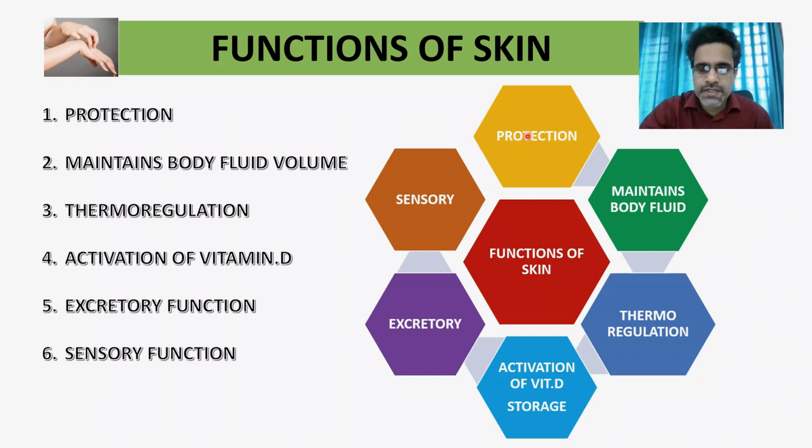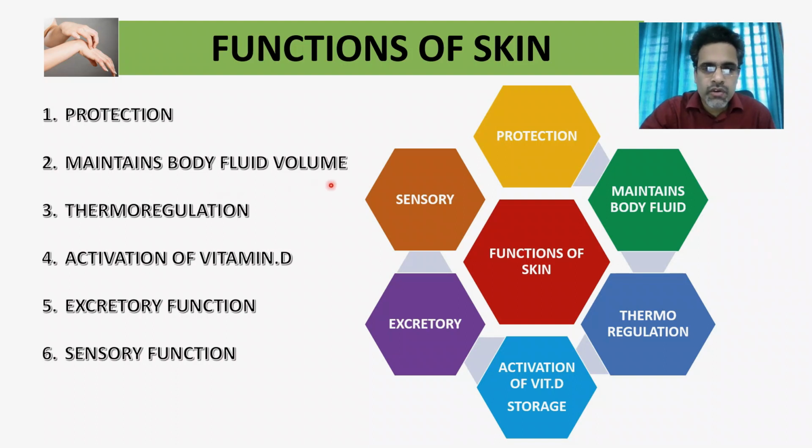The entry of certain substances, microorganisms or toxins from the external environment is prevented by the skin. Skin also protects us from the harmful effects of UV rays, ultraviolet radiation.